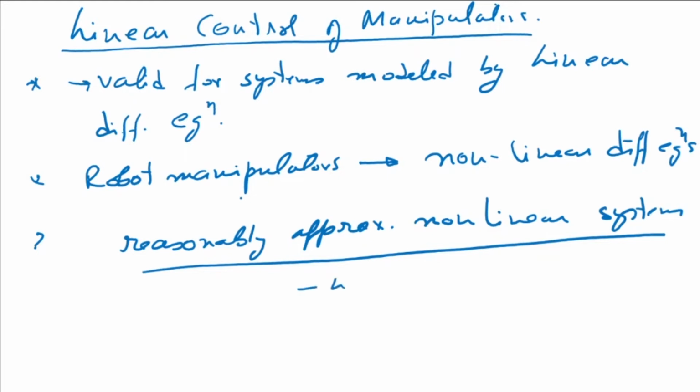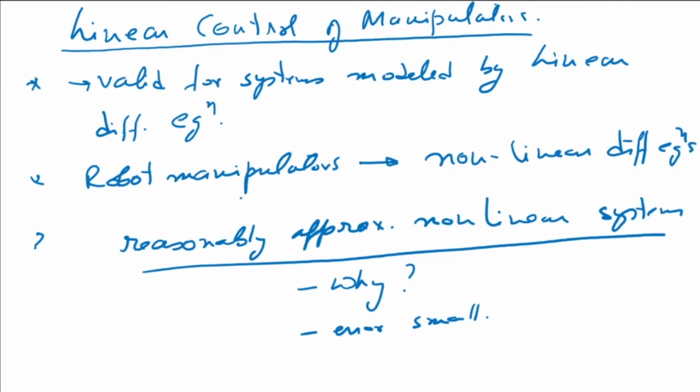This is something to keep in mind: although we understand that robot manipulators are non-linear, linear control systems can reasonably approximate non-linear systems. Why is something we will look at as we go along. Why reasonably? Because if the errors are very small, then we can get away by modeling them with linear control systems. It's very interesting why the errors are very small and what you need to do to make the errors very small.